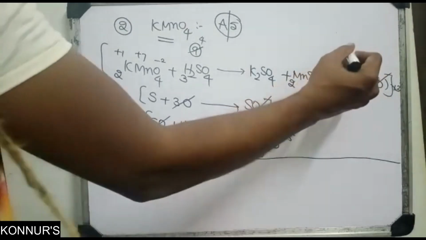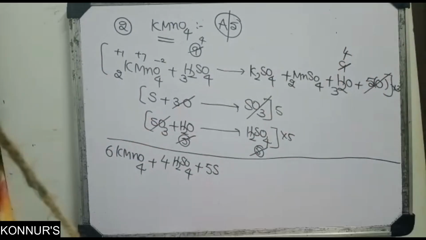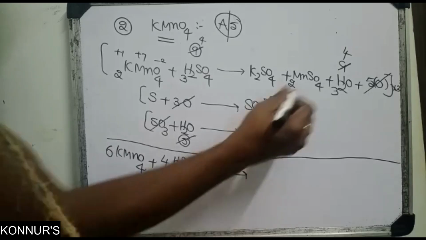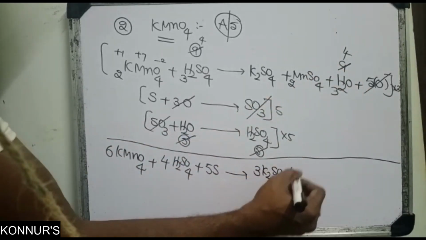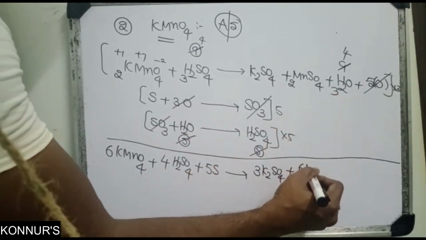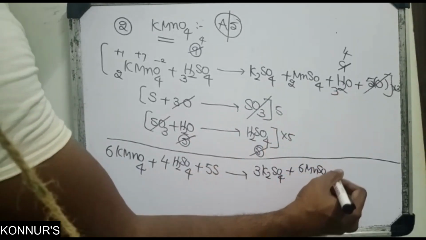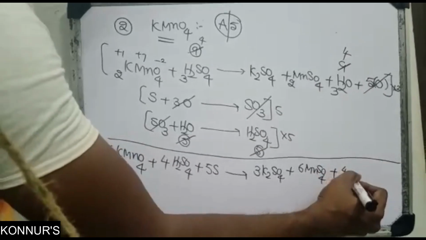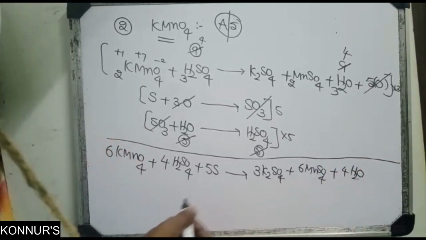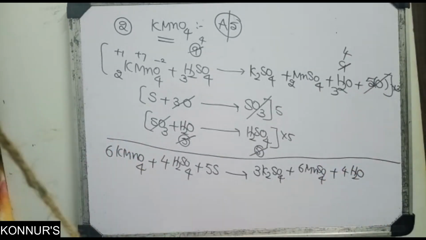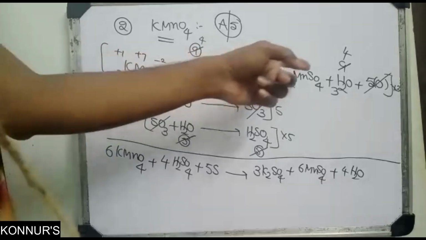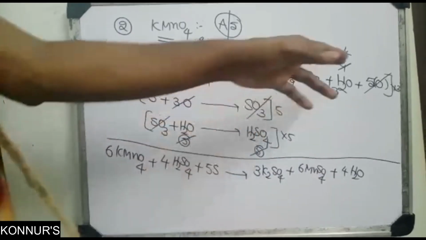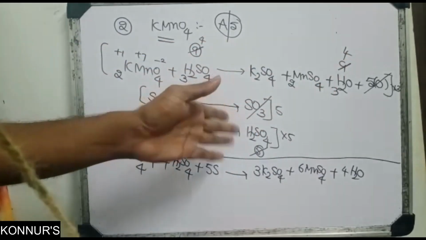So 9 minus 5, here you will get 4 water. It gives rise to 3 K2SO4 plus 3 2s 6 MnSO4 plus 4 water. So that is balanced. Like this, whatever equation is given, you take the basic equation, write down the oxygens being utilized and complete the products.